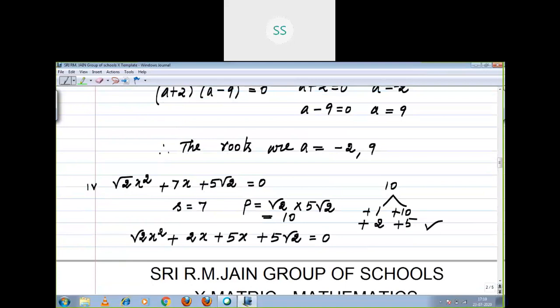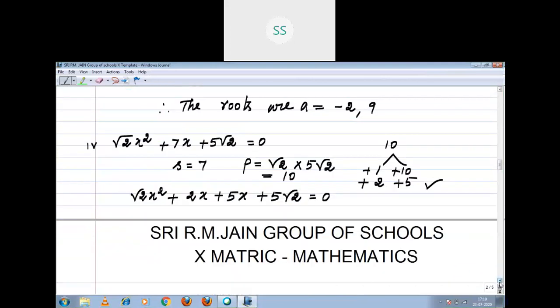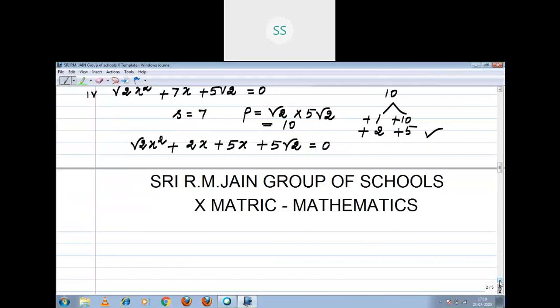Now, which is it that I'm going to take as common, right, children? I hope you people understood, right? Which is common in the first part? Anyone? Do you have an idea? Root 2x, right? Root 2x. Then inside the bracket, x plus root 2. I said, what you wrote, the same thing you write here also, right? x plus root 2.